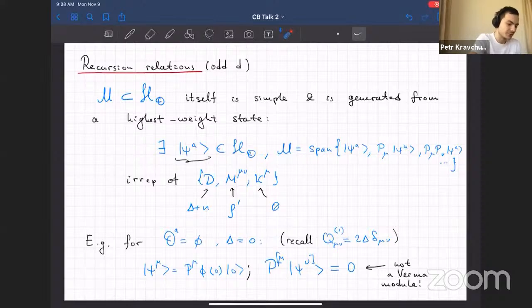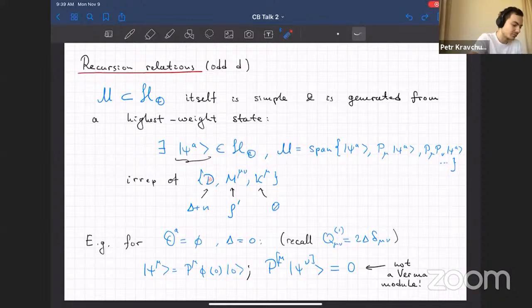So it is similar to a parabolic module itself. The statement is that there is some set of states psi A inside of HO, and the states psi A form an irreducible representation of this algebra generated by dilatations, rotations, and special conformal transformations. It's just that now they have different quantum numbers compared to the highest weight states of HO.